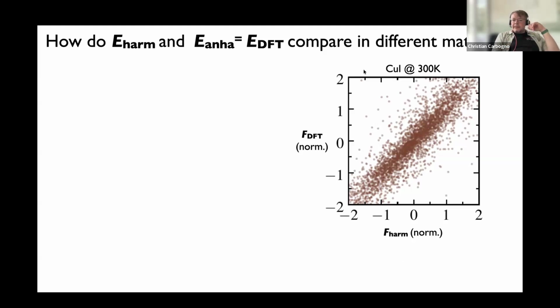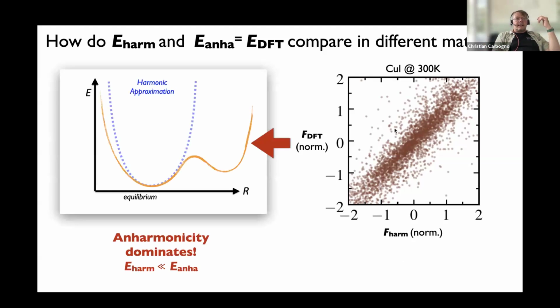On the one hand, this distribution is quite broader. And if you look closely, you see some points, for instance, where the DFT calculation points in one direction and harmonic forces point in the completely other direction. So what is going on here? If you look at the system more closely, the harmonicity is very dominant.